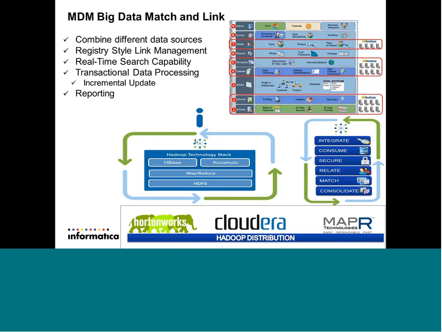And what it does is it provides an ability to take the match and link outcome from the MapReduce job, indexes that, and then provides a SQL emulator such that that queryable index can be searched, can be updated. We support transactional updating, incremental updating based on new information through that HBase API.